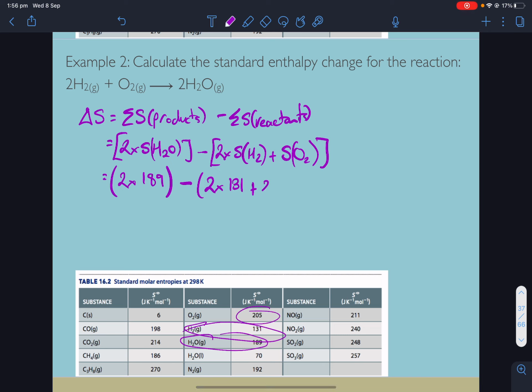Which is 205 joules per mole per Kelvin. Put it in your calculator. 2 times 189 minus 2 times 131 minus 205. Negative 89 joules per mole per Kelvin.